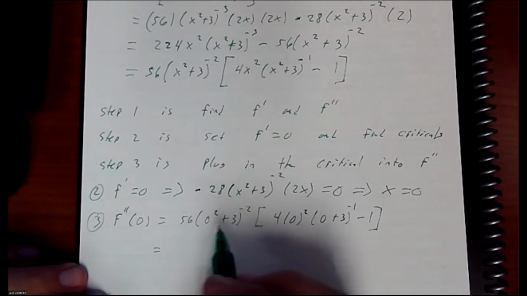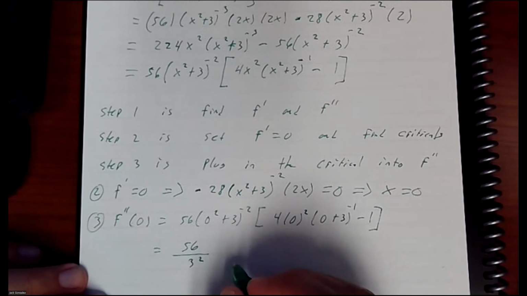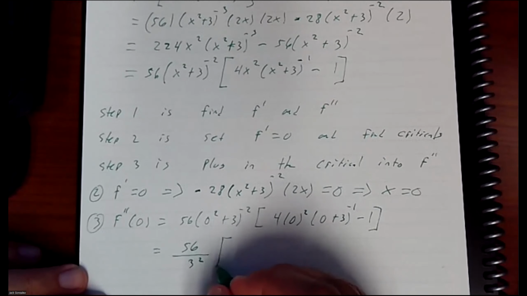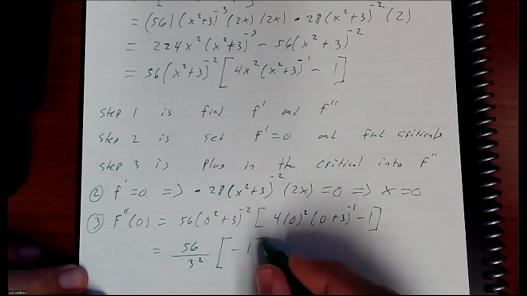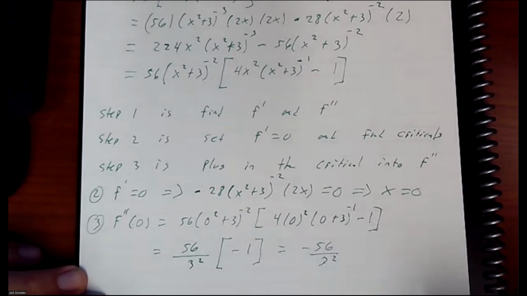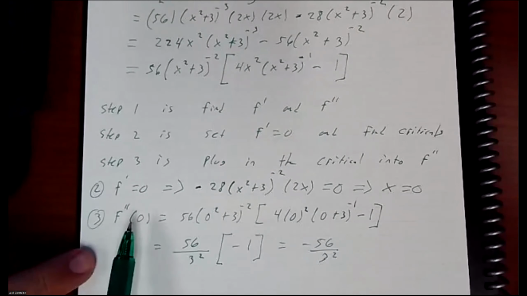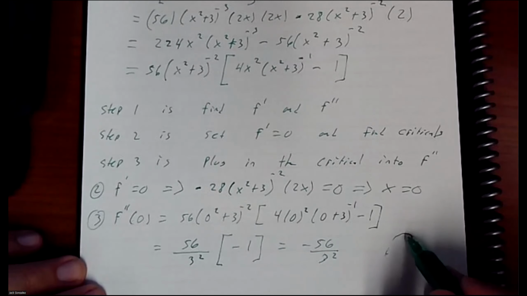So this will be 56 over 3 squared times, this will be 0, -1. So it is negative. The value doesn't matter. So it's telling me that we're concave down here. So at 0, we're doing this, right?